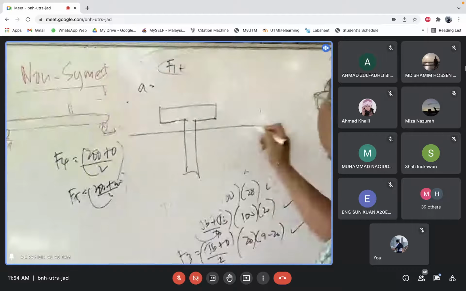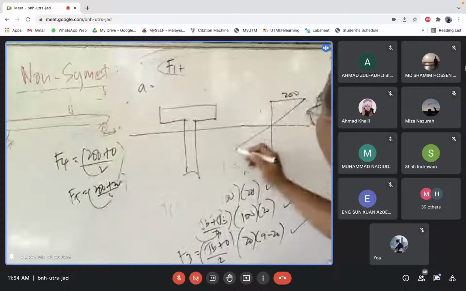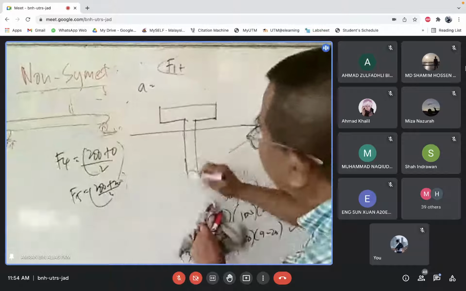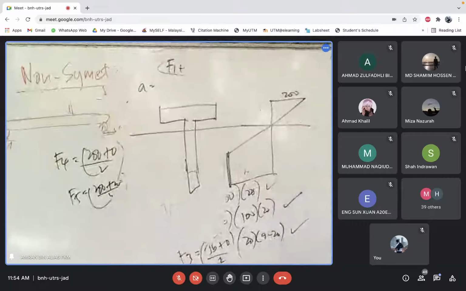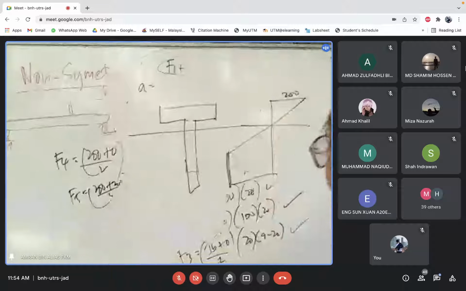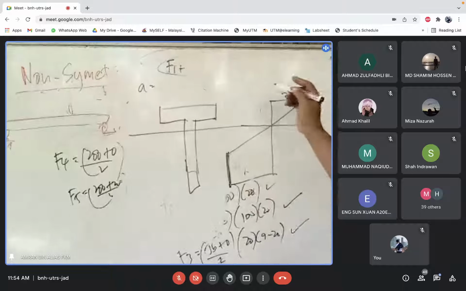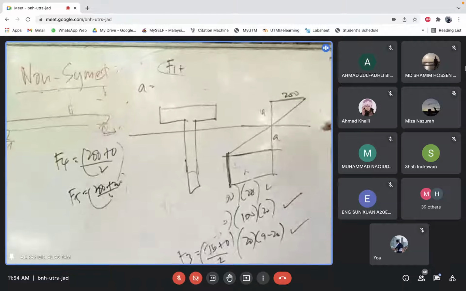So the top surface stress is 200. The bottom part, long time ago, 200. Are you with me? Yes. I don't know this height, but I know this is A. That is 200, that's 200, so this must be A also.